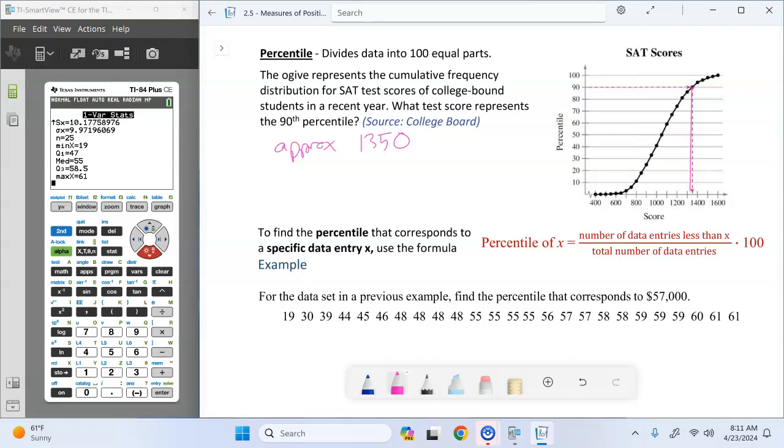When Bright Futures has scholarship requirements, SAT, certain scores mark how much scholarship you get. They base those scores partially on percentiles, because they have a certain amount of money to give out. We can't give it out to 80% of the students, we can only give it out to maybe 20%.